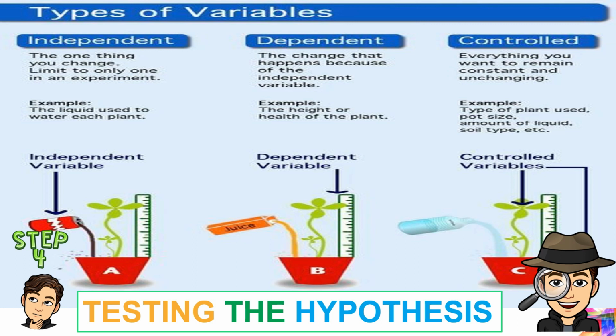The dependent variable, which depends on the type of liquid, or the independent variable, would be the height or the health of the plant. The controlled variables here are the type of plant, pot size, amount of liquid, and soil type. So these variables are not changed.